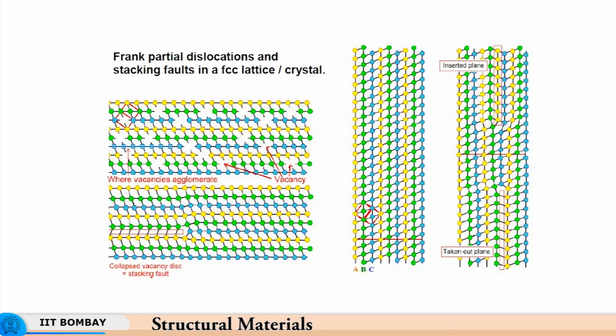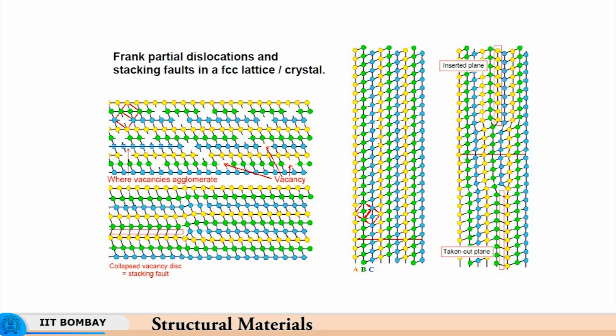Similarly, when there are too many vacancies generated, they collapse, and then there are interconnections which are made, resulting in a stacking fault. So, here there is a stacking fault generated due to too many vacancies being present.